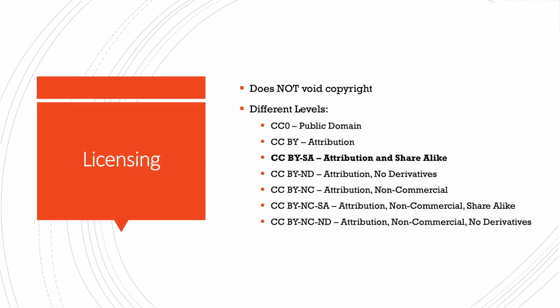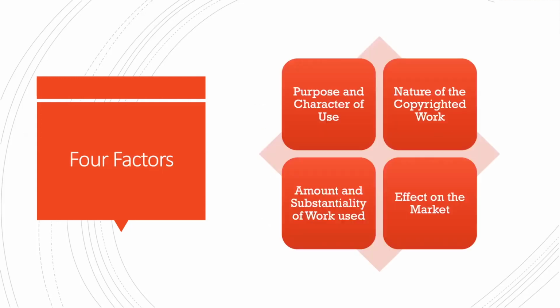BY-SA is attribute the creator and share in terms of the licenses the creator assigned it. BY-ND is no derivatives along with crediting the creator. BY-NC is non-commercial along with crediting the creator. BY-NC-SA is attribution, non-commercial, share alike. And BY-NC-ND is attribution, non-commercial, no derivatives.